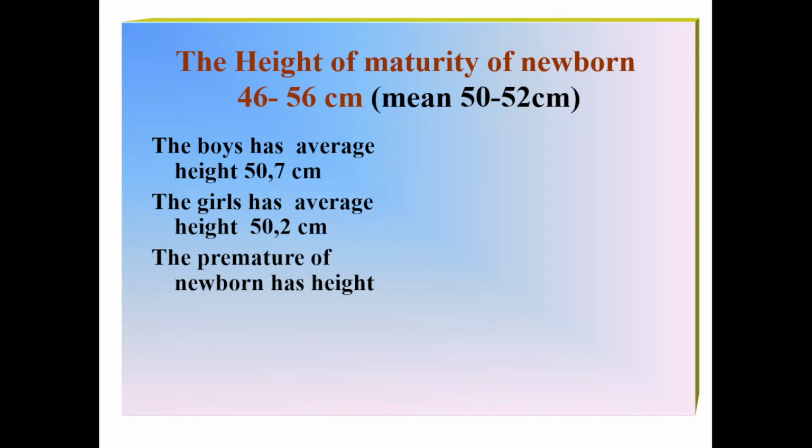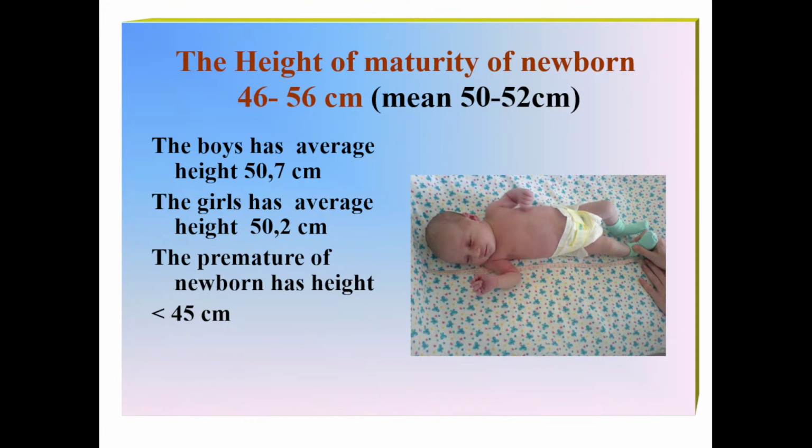The premature newborn has height lower than 45 centimeters. You must remember this. It's one of the most important parameters of a preterm newborn.